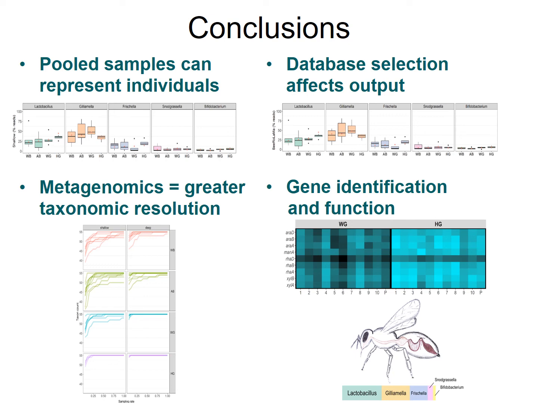We also showed that database selection is crucial for the optimization of data output. Untargeted metagenomic sequencing provides greater taxonomic resolution compared to targeted sequencing, which allows for gene identification and functional analysis.